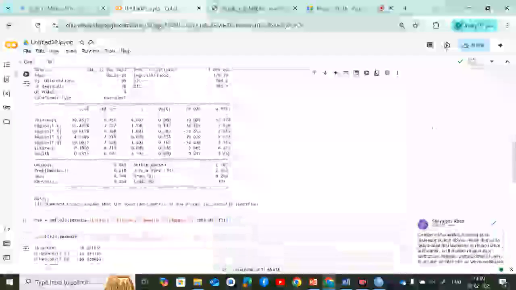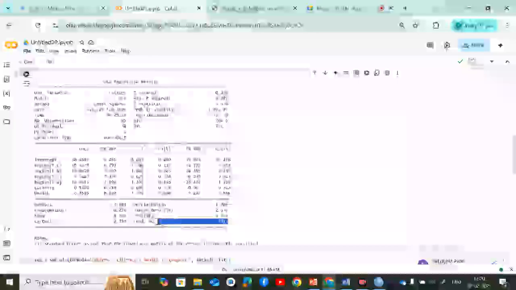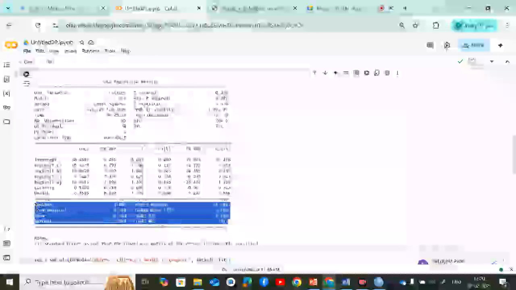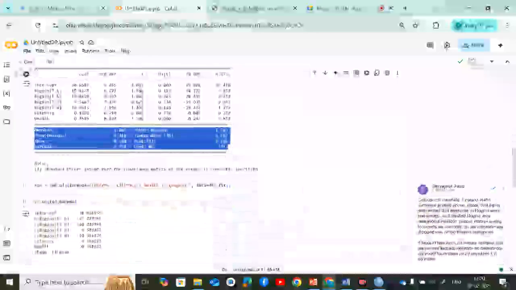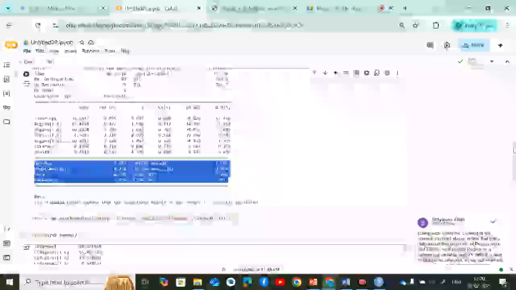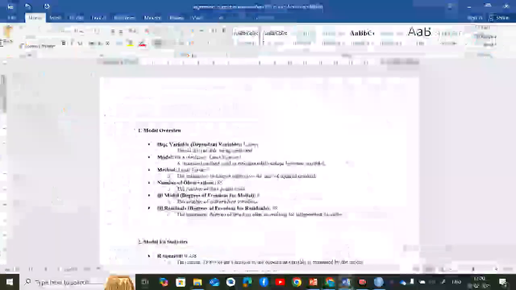Okay. So these are the few terms which are to be explained. Before I go to the next step, let me show you the explanations of it. So our output looks like this.